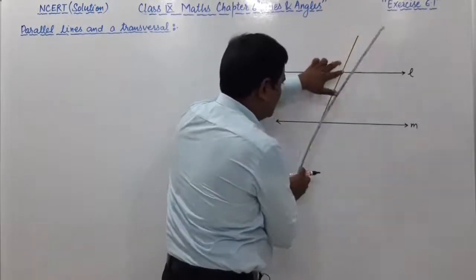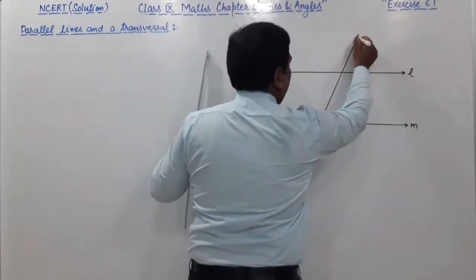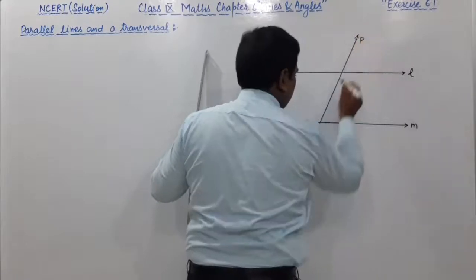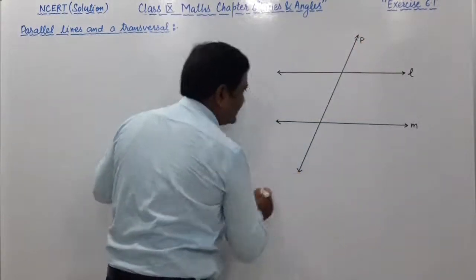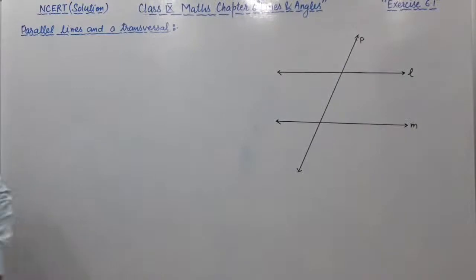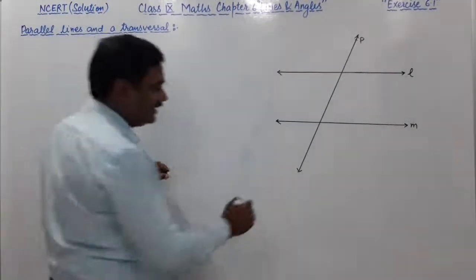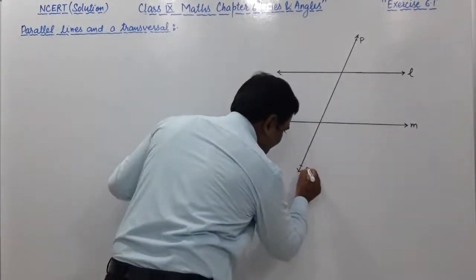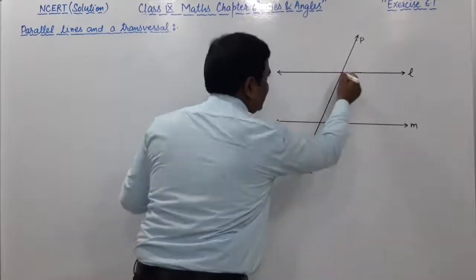So in this, line PQ is a transversal, and this transversal intersects the lines L and M at these points.